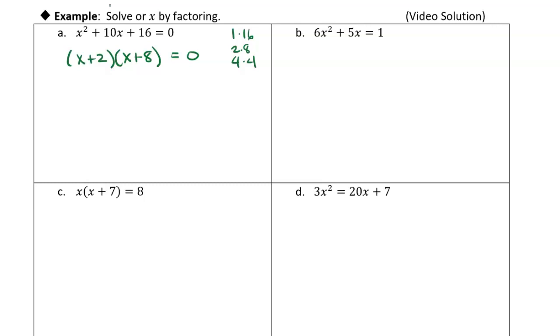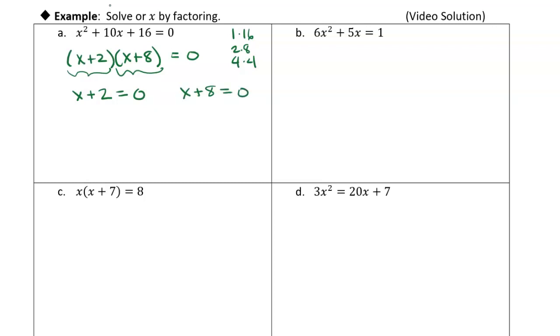Now I'm going to use the zero product property. I have two factors. This is one factor, and this is another factor. If this equation is true, then one of these two factors has to be equal to 0. So either x plus 2 is equal to 0 or x plus 8 is equal to 0.